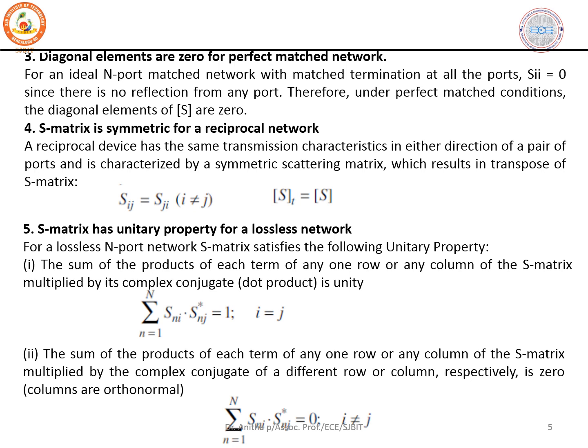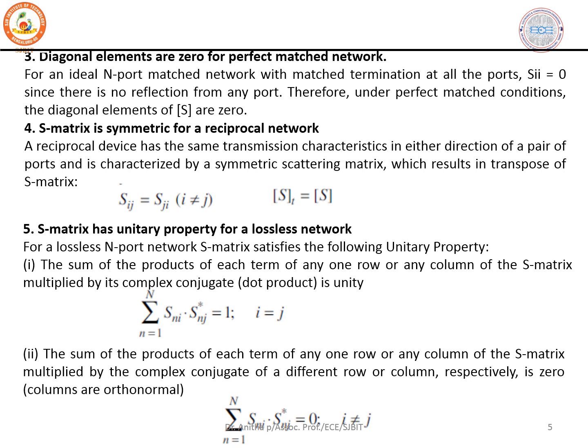And the last, important property: the S matrix satisfies the unitary property for a lossless network. Suppose the network is lossless, then it has to satisfy the unitary property. According to the unitary property, the S conjugate transpose multiplied with S must equal the identity.